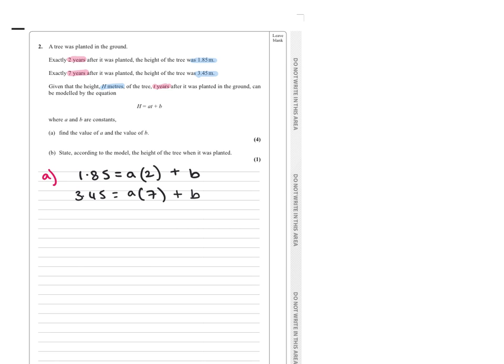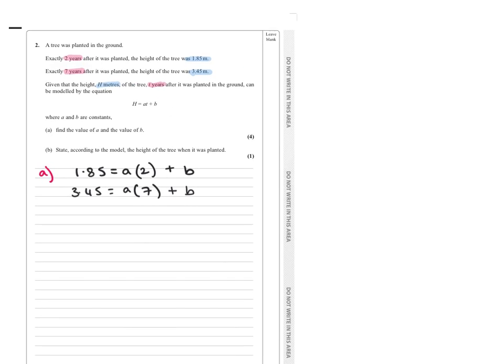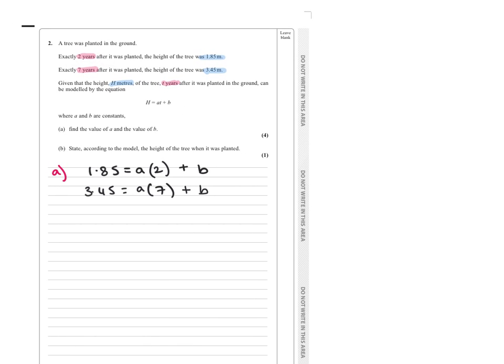Now, when I'm substituting, I'm writing this in, but again, we are mathematicians. So I'm going to have 2a plus b equals 1.85, and 7a plus b equals 3.45. Now, it's clear to see that we can take them away from each other because they both have a common b.